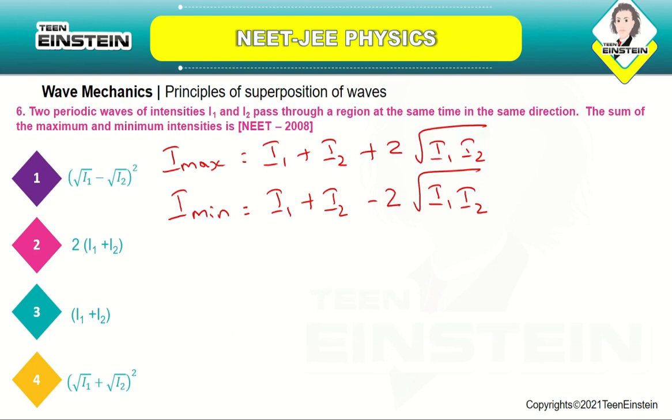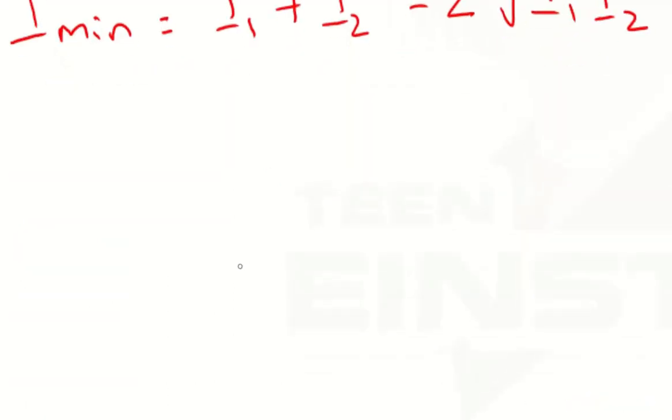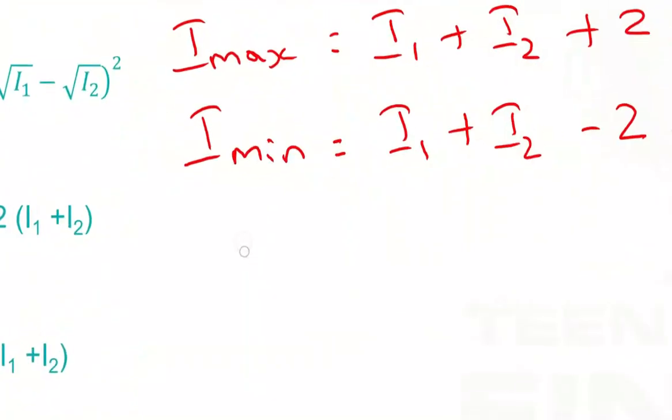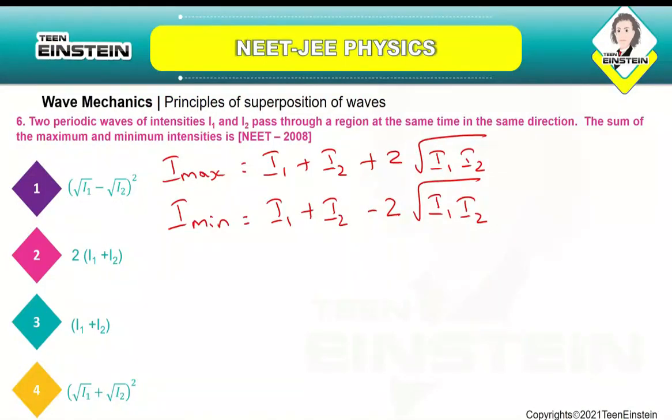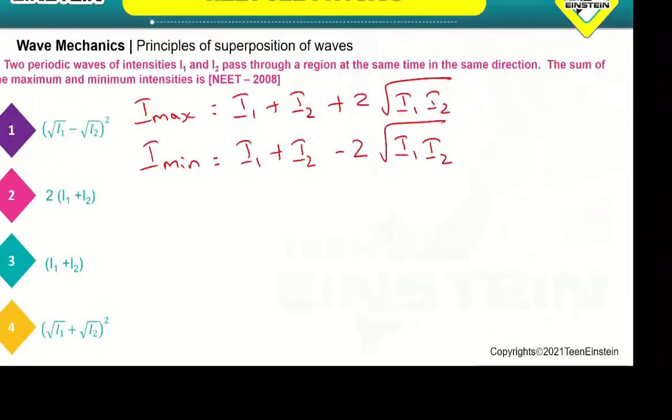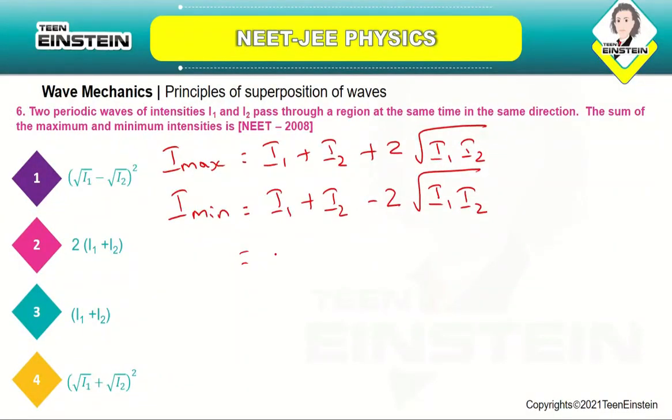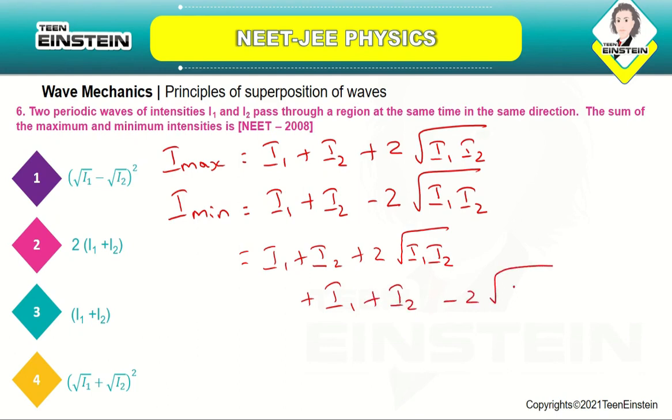Okay, so if you just add these two, you will be getting I1 plus I2 plus 2 into root of I1 I2, and I1 plus I2 minus 2 into root of I1 I2.